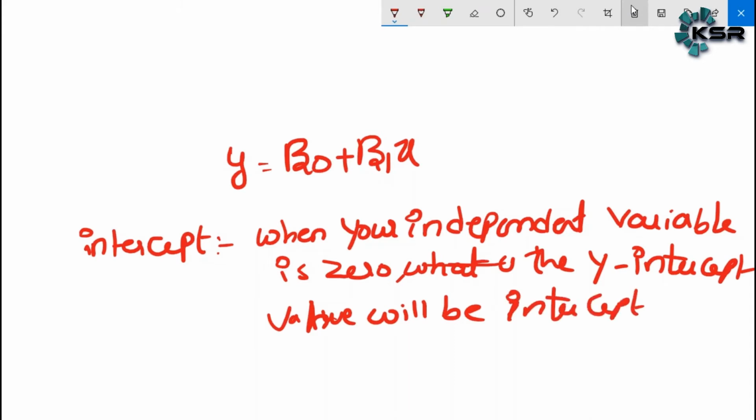This is the meaning of the intercept, right? This is the interpretation of the intercept.